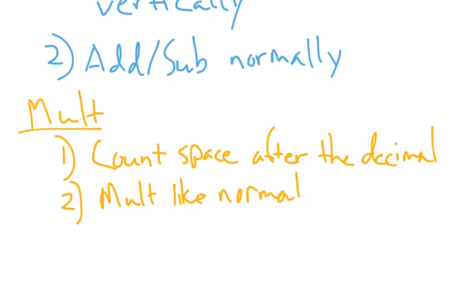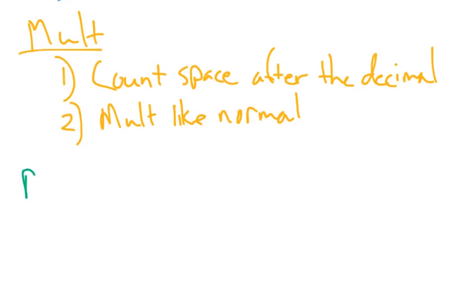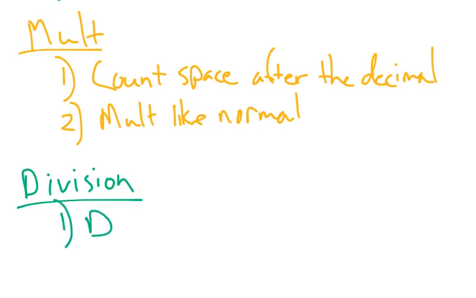And then finally, for division, this one's complicated as well. Division. The core idea behind division: the divisor, which is the number that is doing the dividing. That's not how you spell divisor. Oops, let me make that neater.